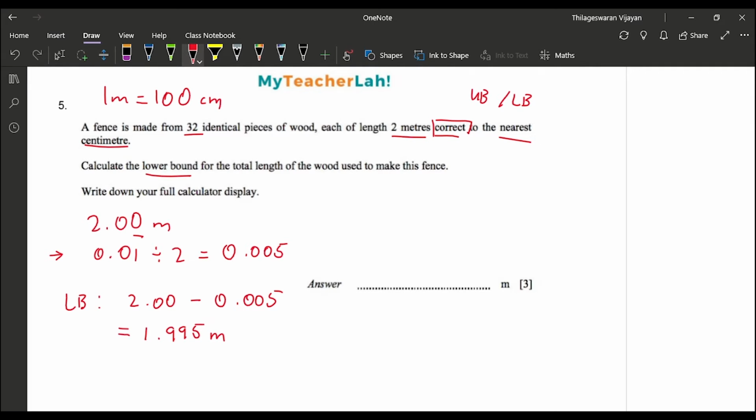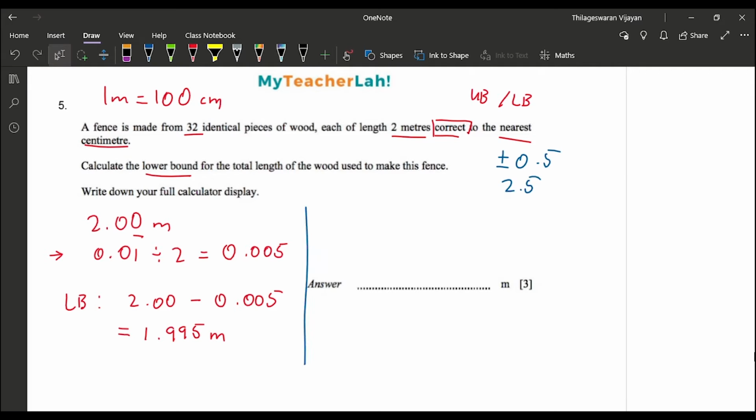Get it? All right. So the common mistake that students tend to make is that automatically they will think, oh, it's just plus minus 0.5. So they'll end up saying the upper bound is 2.5. That's incorrect. This is only true if we were to say it's correct to the nearest meter, not centimeter.